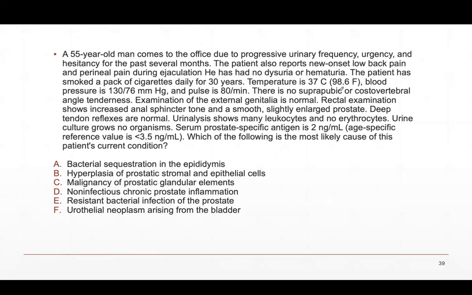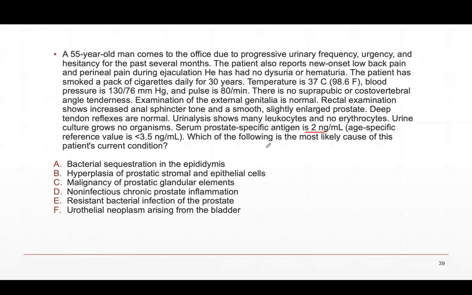There's no suprapubic or costovertebral angle tenderness. External genitalia examination is normal. Rectal examination has increased anal sphincter tone and a smooth, slightly enlarged prostate. Deep tendon reflexes are normal, and urine analysis, the only thing it shows you is many leukocytes, and culture is negative. PSA is 2. The normal is usually less than 3.5.